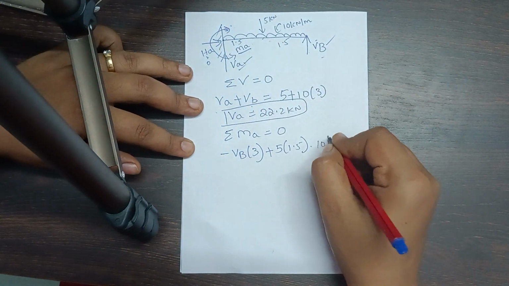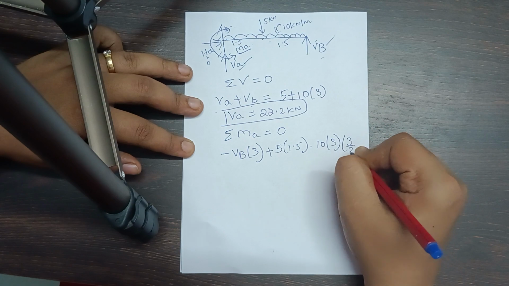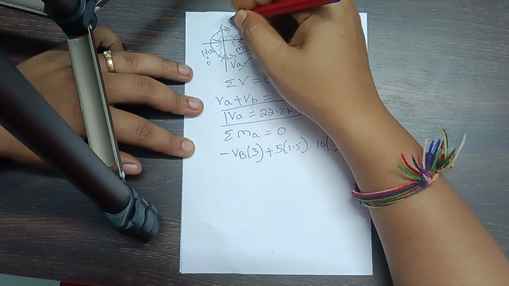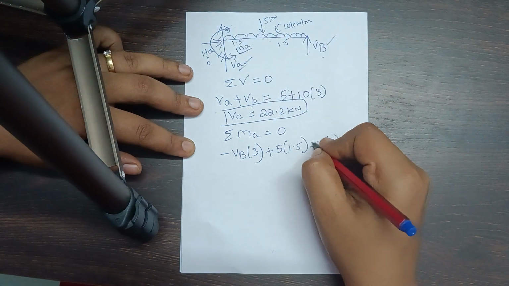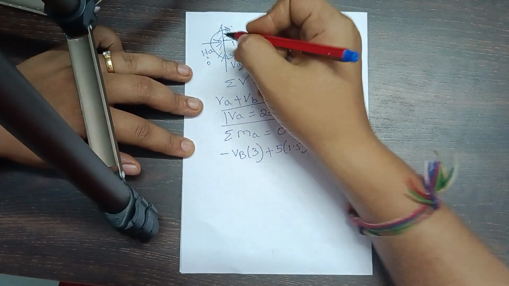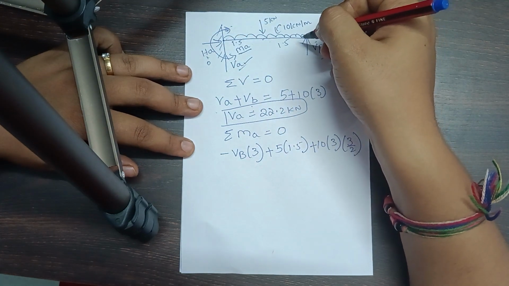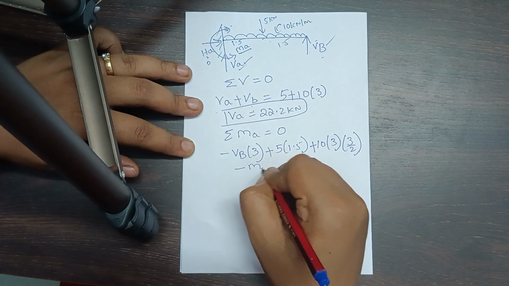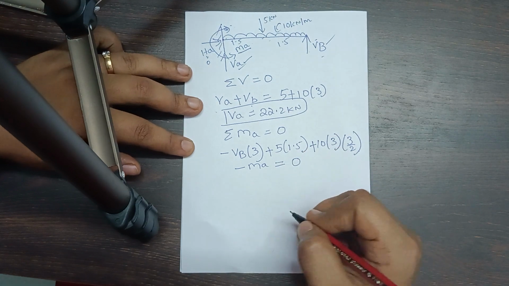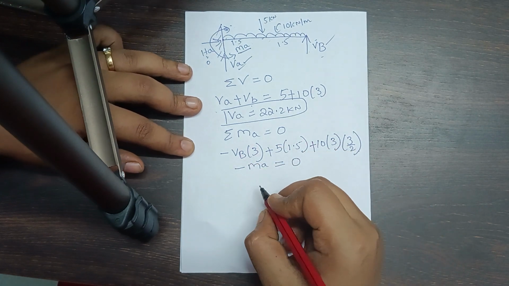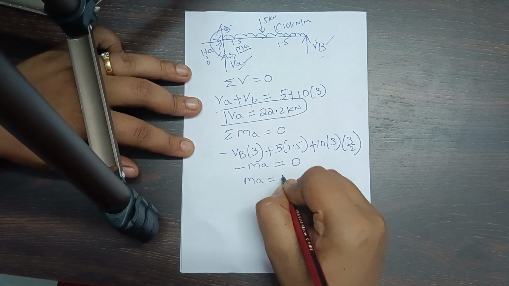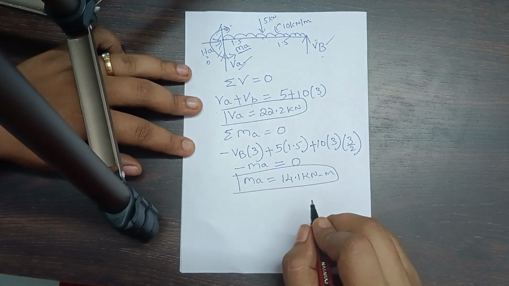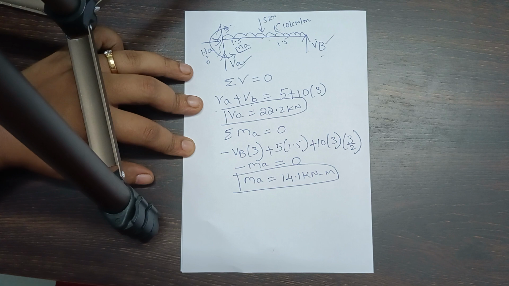Load is 10, distance is 3, centroid is half of the distance, so 3 by 2. It is clockwise, so it is considered positive. And one more I have, that is MA, which is acting in the anti-clockwise direction, so minus MA equal to 0. Upon all this simplification, I get the value of MA equal to 14.1 kilonewton meter.